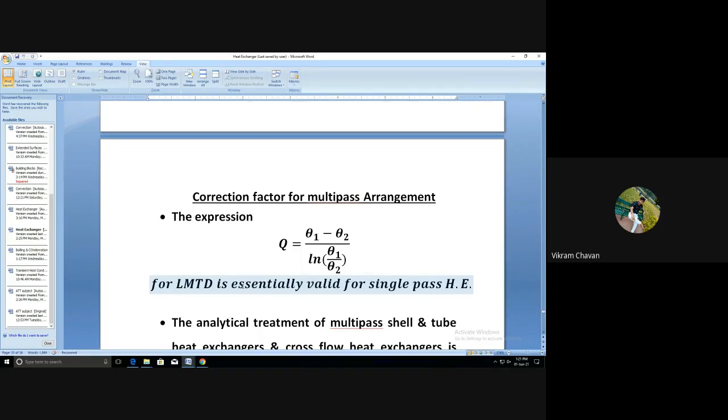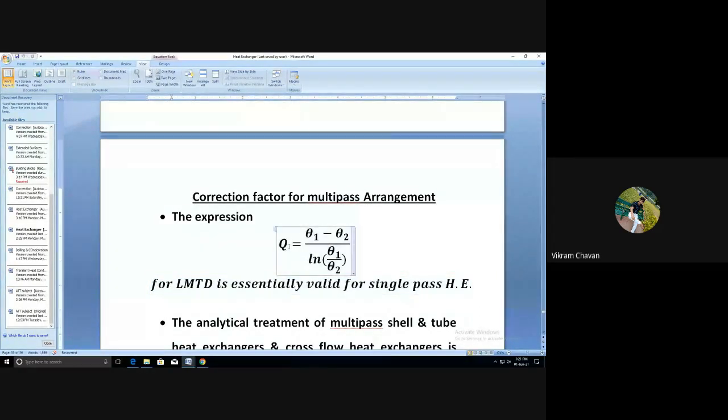So the next factor we are going to discuss in this particular lecture about the heat exchanger is nothing but the correction factor for multiple pass arrangement. Okay, so we know that here I made a mistake.